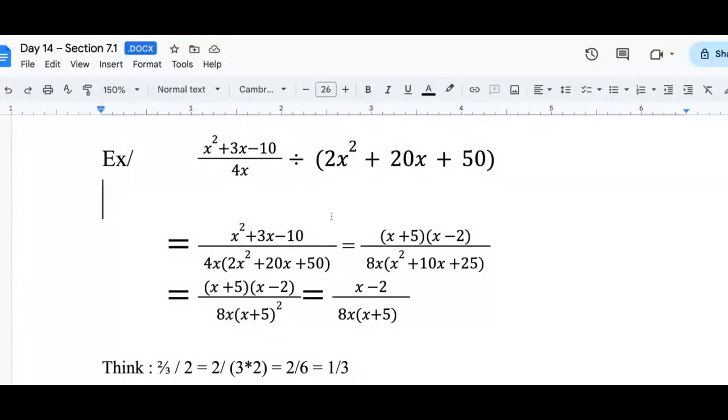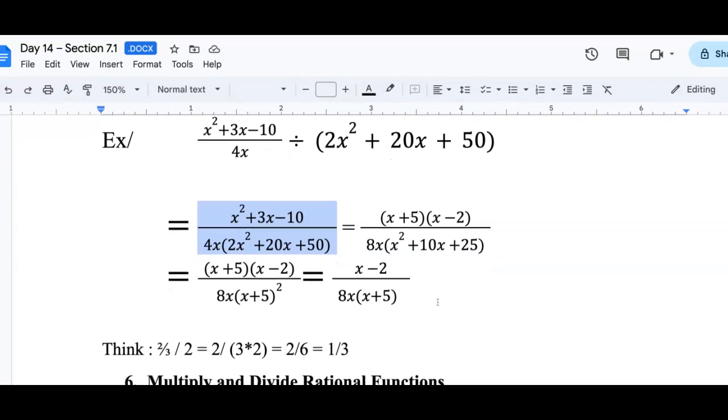Then we multiply them. So we get x squared plus 3x minus 10, and denominator is 4x times 2x squared plus 20x plus 50. Now we try to find common factors. The numerator can be factored out as x plus 5, x minus 2. The denominator we can factor out 2, that becomes 8x.